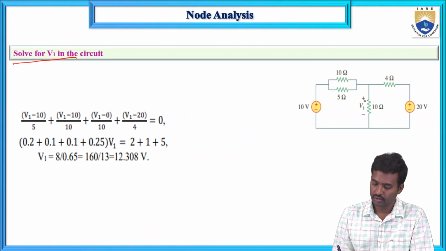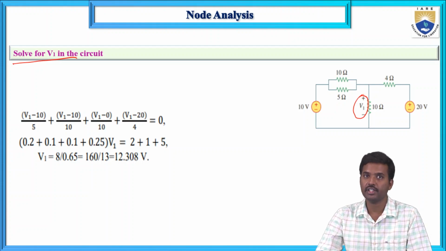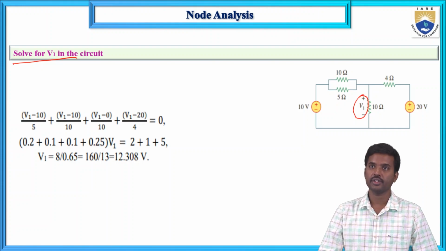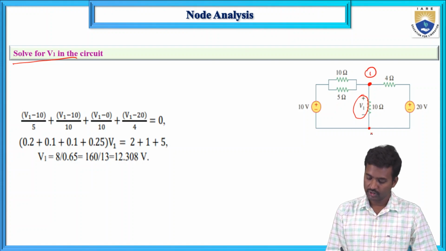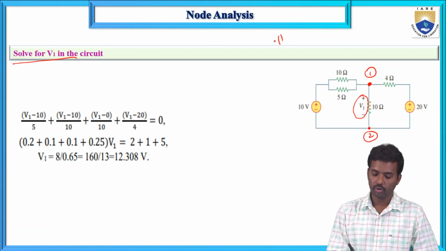Solve for V1 using nodal analysis in the given circuit. So now here, the possible number of junctions: this is junction 1 and this is junction 2. Determine the possible number of junctions, here 2, and this is step 1.